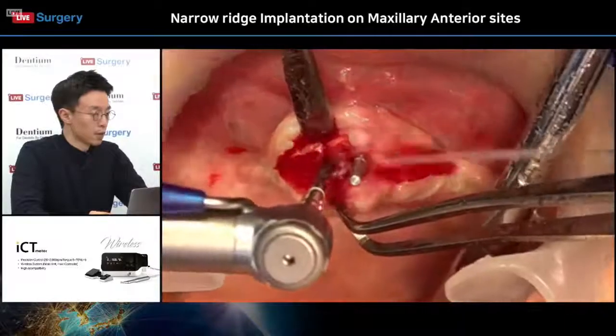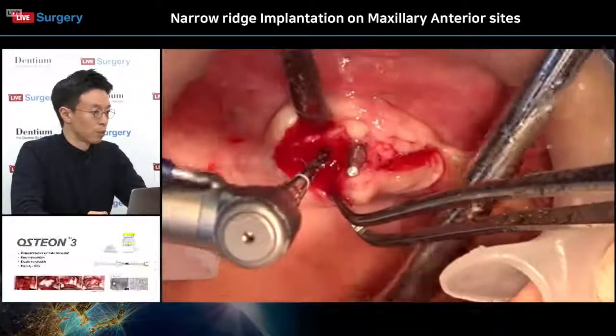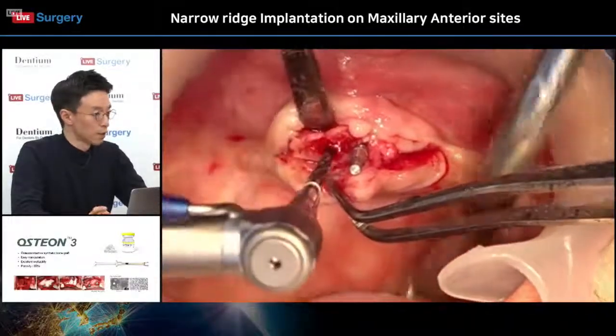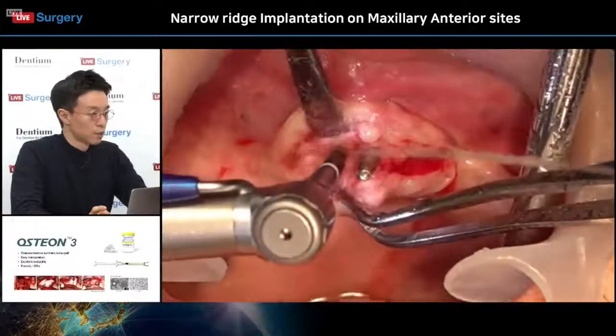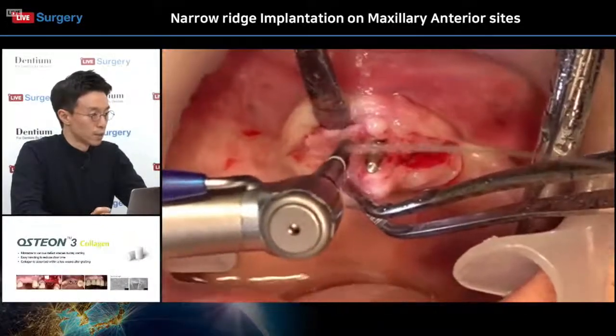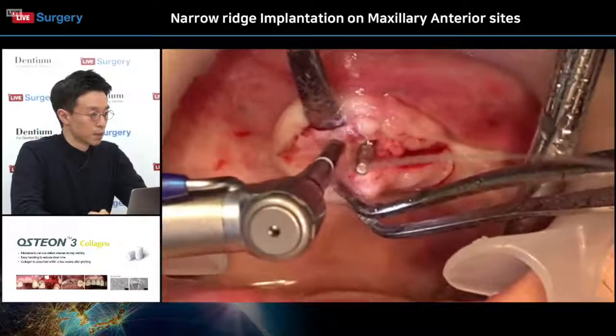Now he is drilling with the 3.0 implant drill of the Bright surgical kit.